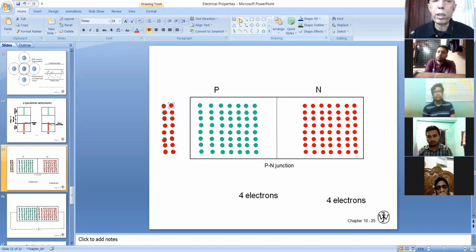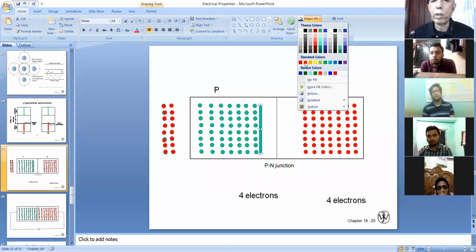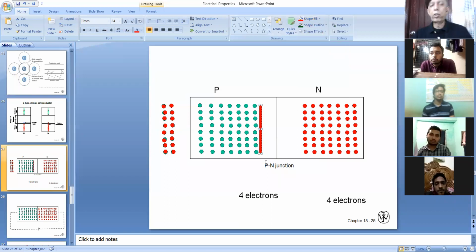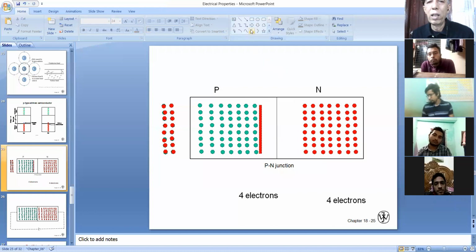Yes, it is a zone of negative charge here, and it is a zone of positive charges.